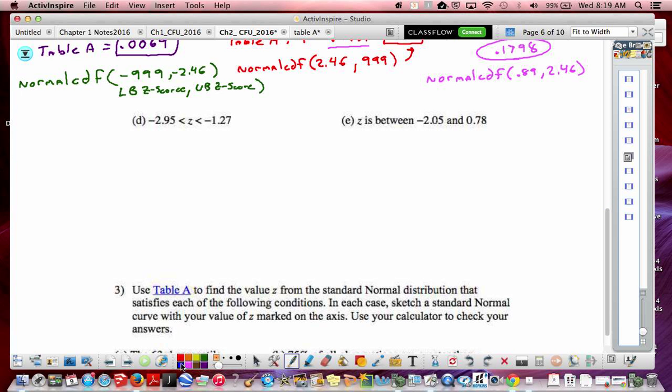So I'm going to try to do these a little bit faster. This one here, we're going from negative 0.295, so again here's 0, to negative 1.27. On these in table A, I'm going to take the larger area, which is going to be the negative 1.27.